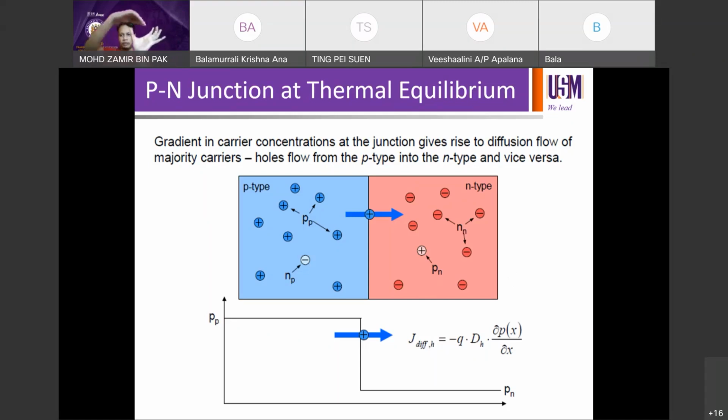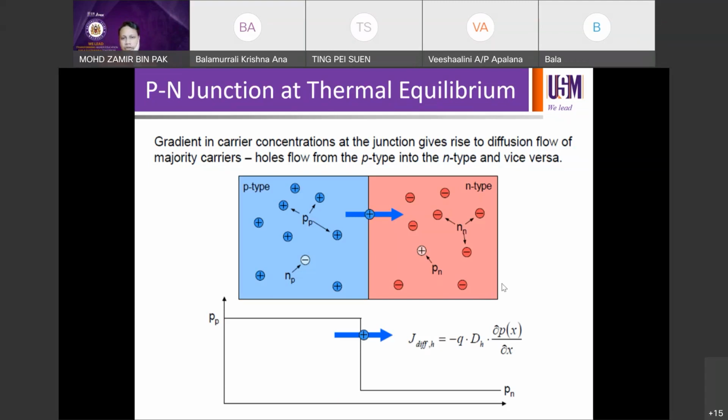Ini dalam P tu yang diffuse yang dekat junction je, yang dekat interface. Dalam N pun yang diffusion dekat interface je. It's not throughout the region. Okay, so the region further away from the junction remains neutral. Maksudnya dia masih neutral as if it's not combined with any opposite material. Okay, further away from the junction, it's subjective, of course.